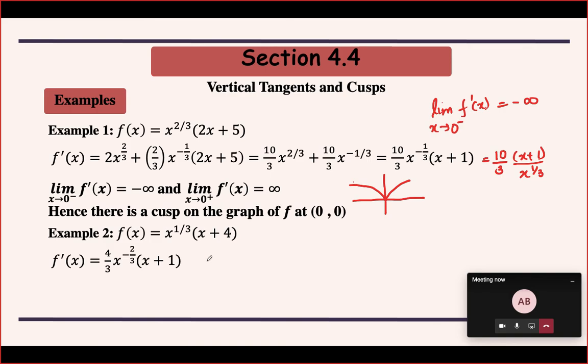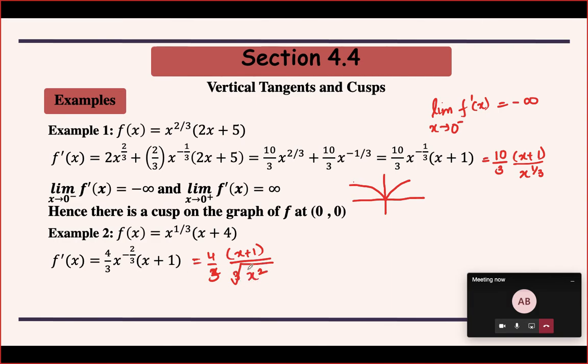So this expression, if you want, you can just write it like this: x plus 1 divided by the cube root of x square. Okay, so it is x to the power 2 by 3, so you can just write it like this: cube root of x square.